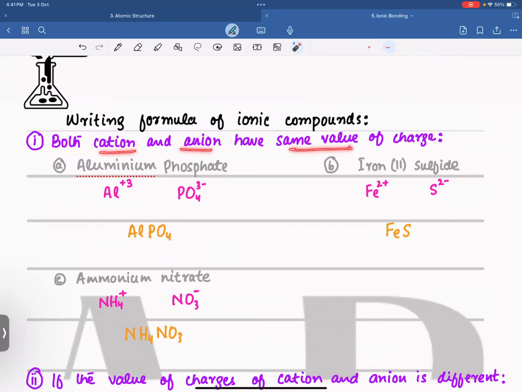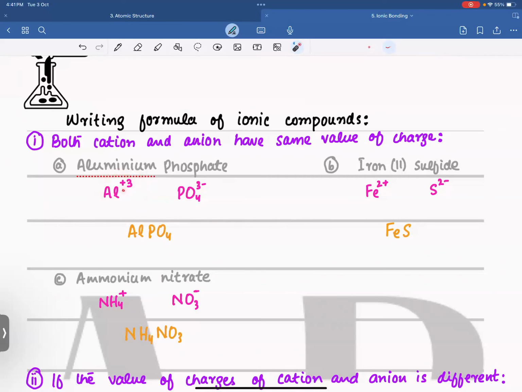Obviously, the charges are not the same because one is positive and one is negative, but the value of the charge must be the same. For example, aluminium phosphate: we find aluminium in the periodic table, it's in group 3, so I put a +3 charge. Phosphate is the polyatomic ion which I have to remember, and it has a 3 negative charge.